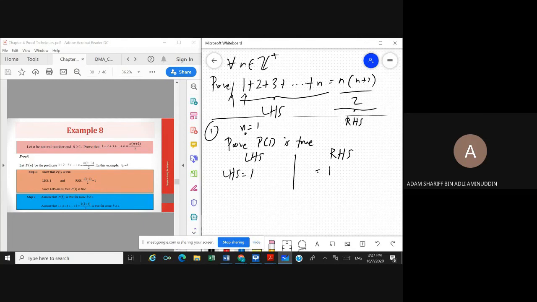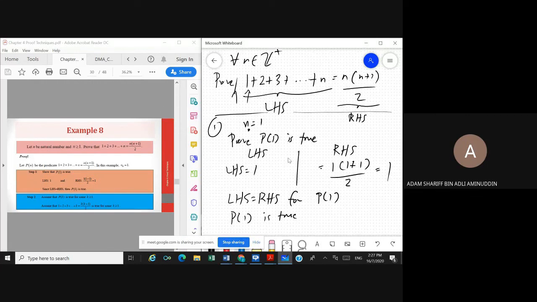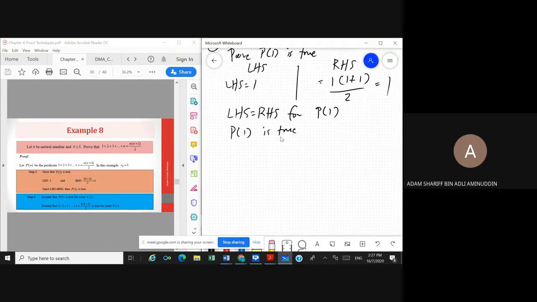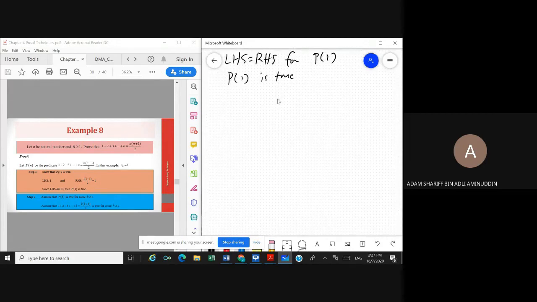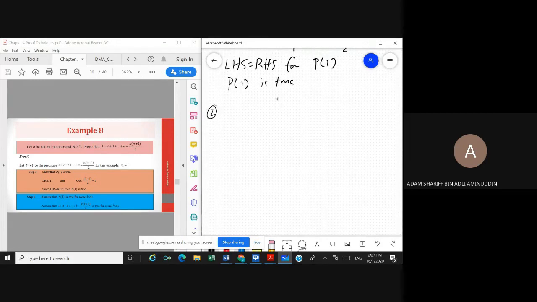You must put into the formula 1 times 1 plus 1 over 2, which is 1. For this case, left-hand side equals to right-hand side for P(1). P(1) is proven to be true. Very easy. Now we proceed with step 2. Step 2, you don't prove, you assume P(k) is true.